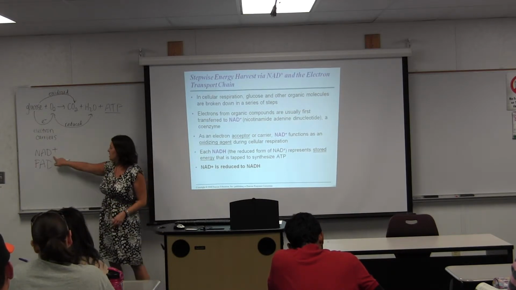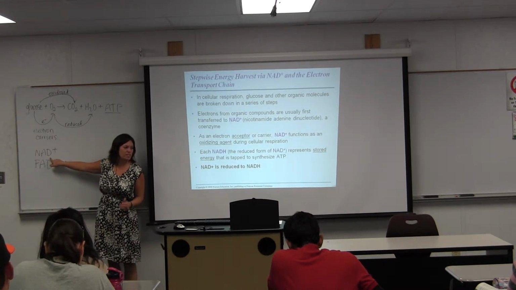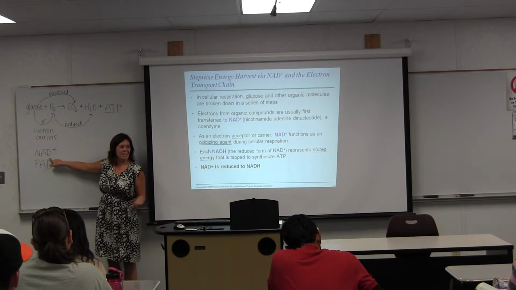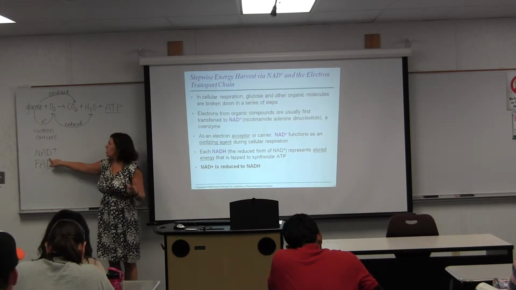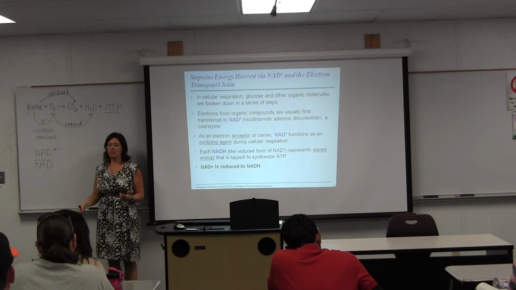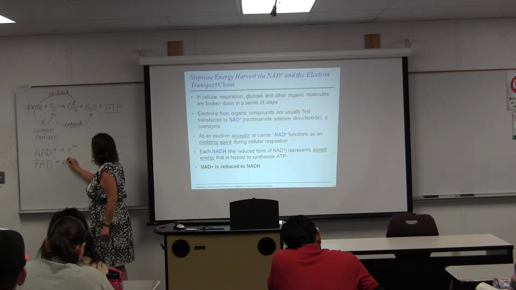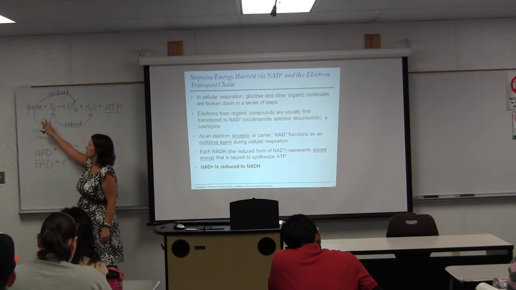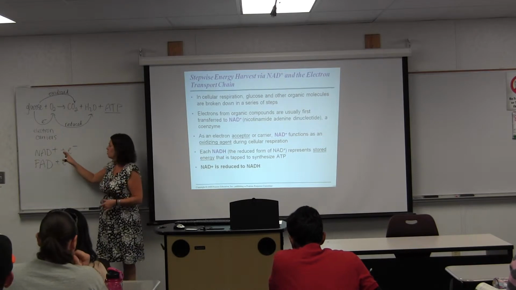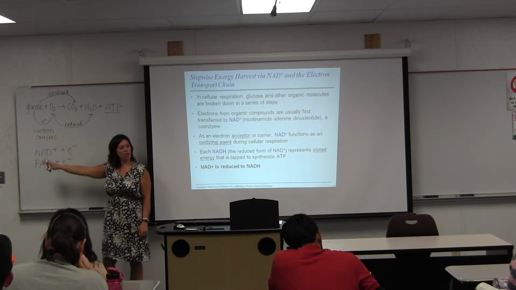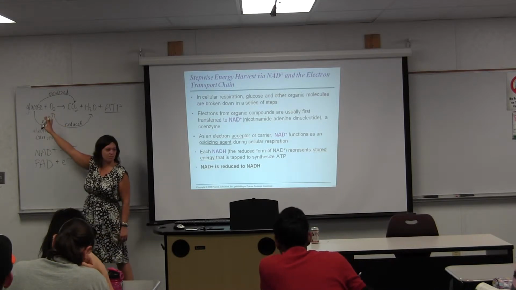And so this is the oxidized form of this carrier. In other words, it's empty. It doesn't have any electrons in it. So when these electron carriers are picking up these electrons, and again, these electrons are coming from glucose, we're stripping electrons from glucose, loading them up in the electron carrier, and then that electron carrier is going to take it to oxygen.